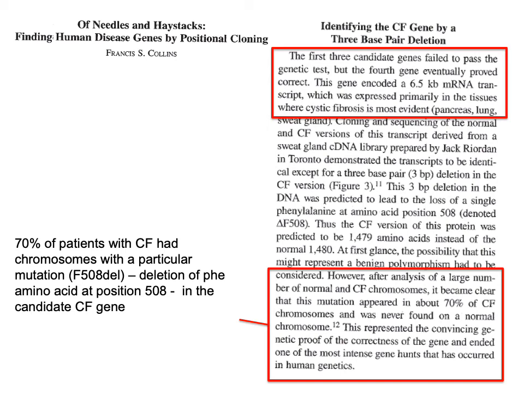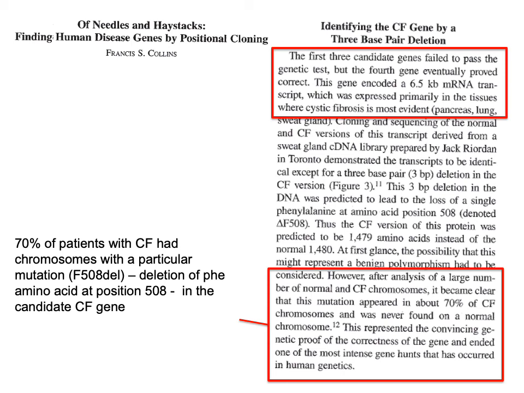They go on to say that they also were able to validate and prove they had the correct gene because in 70% of patients with cystic fibrosis, there was a particular mutation. It was a deletion of phenylalanine, 1 amino acid, at position 508. So basically a 3 base pair deletion. So it was just the loss of this 1 amino acid that led to all of the symptoms and phenotypes of cystic fibrosis.